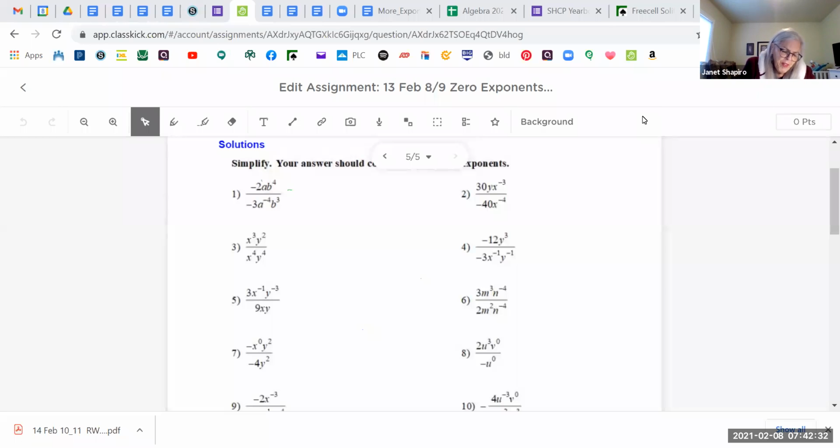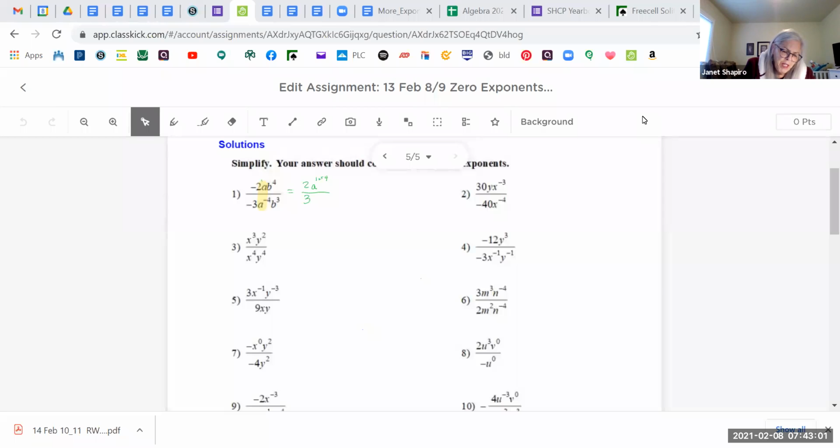So that would give me, again, I have a -2 divided by a -3, so that is a positive 2/3. For the a's, I would have a to the 1st minus a -4. So that's going to be +4.